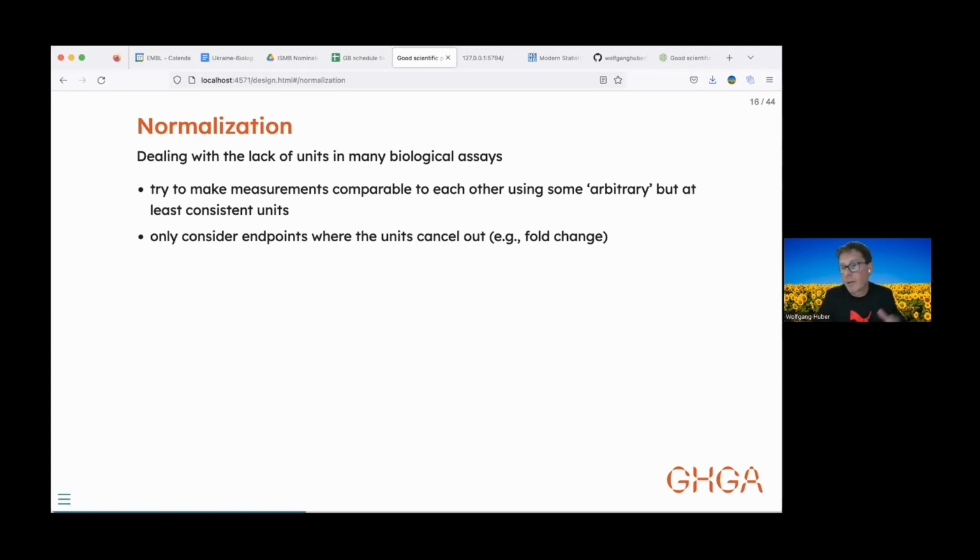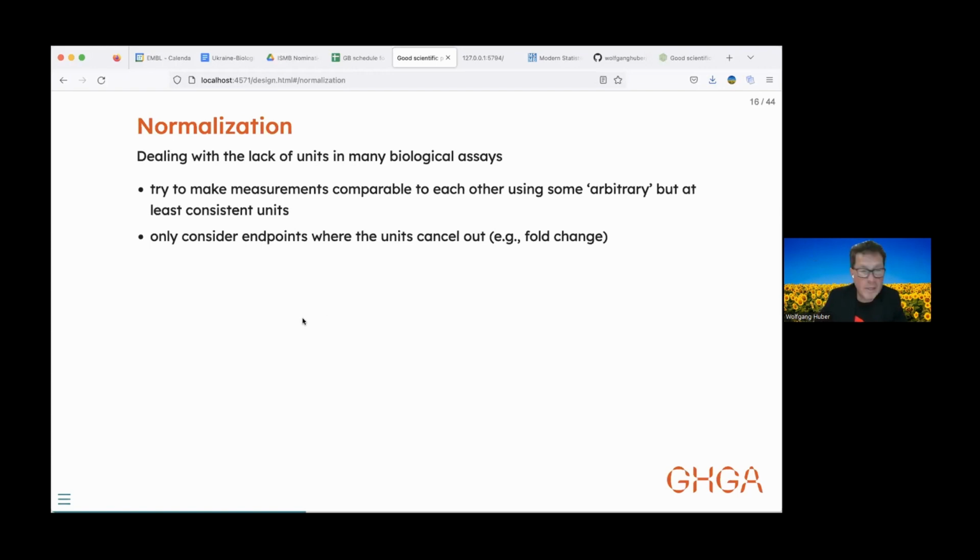So for instance, we try to bring the read counts from the different cells in our single cell experiment to the same scale by rescaling them, so that at least the value of 1,000, let's say, is comparable across different cells within the experiment, even though it doesn't mean anything universally, and it would not be comparable to a value of 1,000 measured by a different experiment. But there's this trying to make things internally consistent.